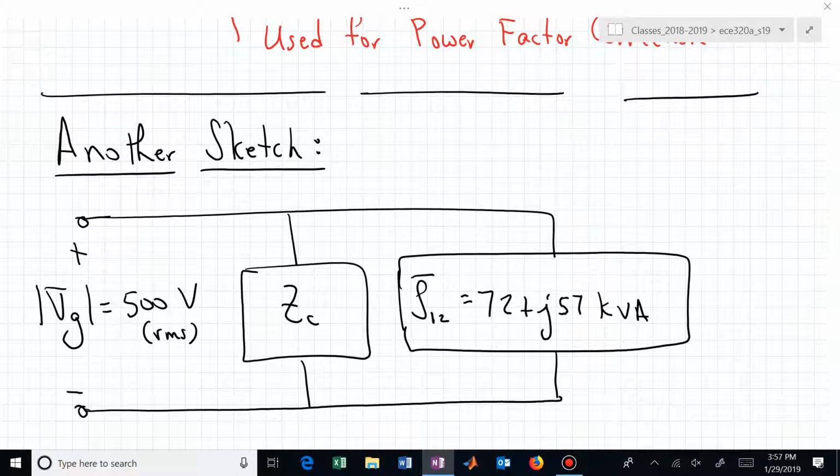And we want to know, can I pick Z sub C to maybe make the power factor of these two, well, it's really S12 is two things already. We've consolidated it into one. S12 and Z sub C, can we make the net reactive piece smaller than 57?